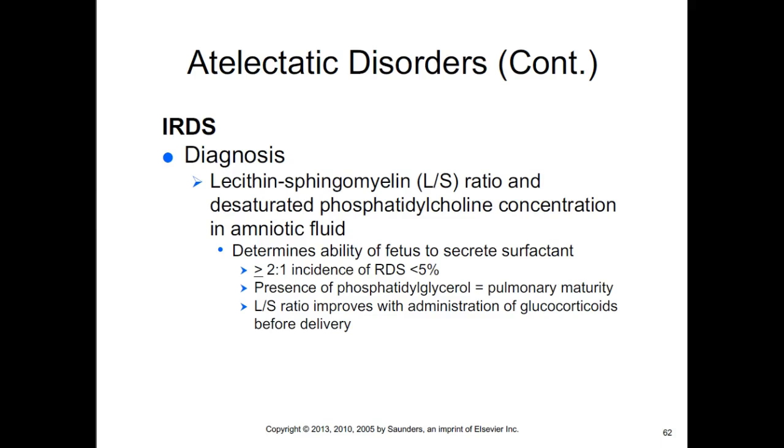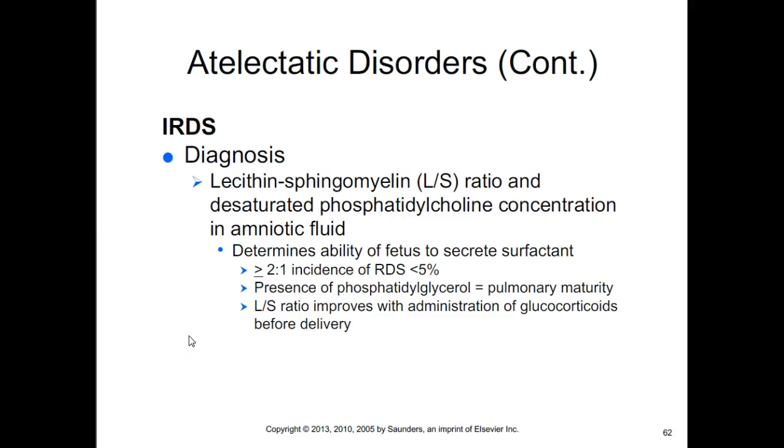So if it's greater than or equal to a 2-to-1 ratio, the incidence of RDS in children is very low, right? Because the presence of phosphatidylglycerol indicates pulmonary maturity. So we want to see that LS ratio higher, so that we can have a higher level of maturity of the lungs, right?